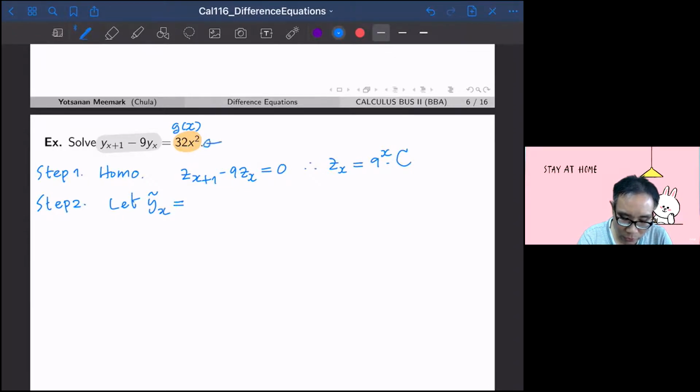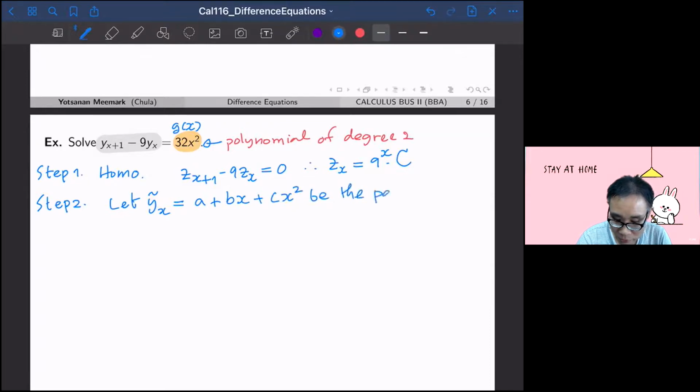a polynomial of degree 2. So you have y tilde(x) to be a plus bx plus cx squared as the particular solution.